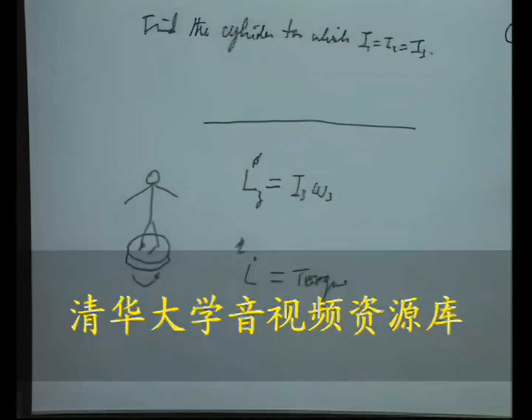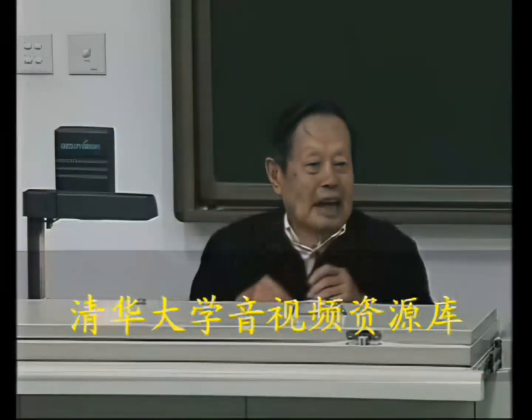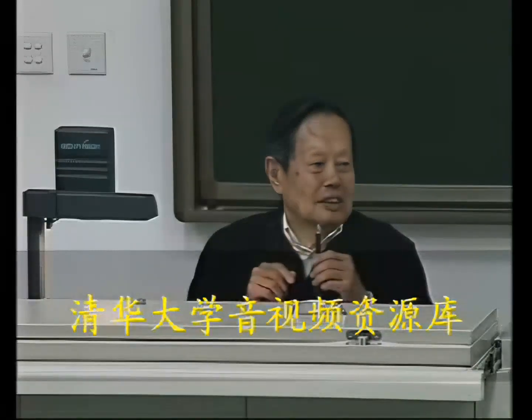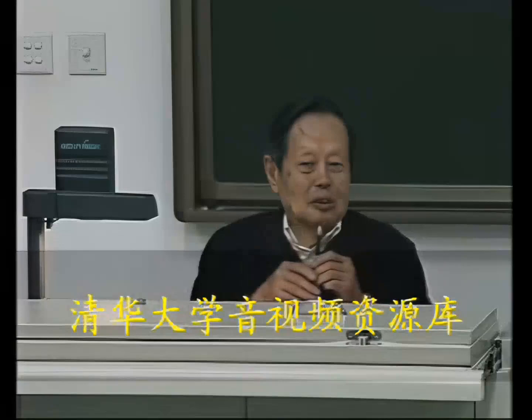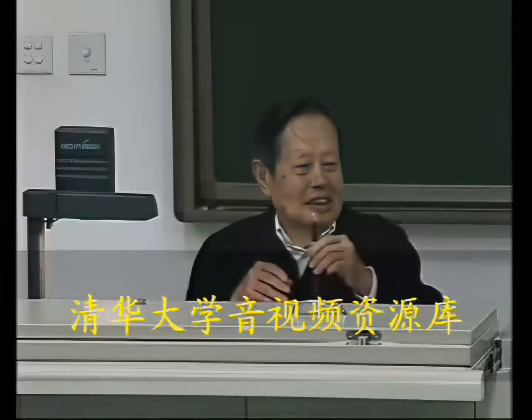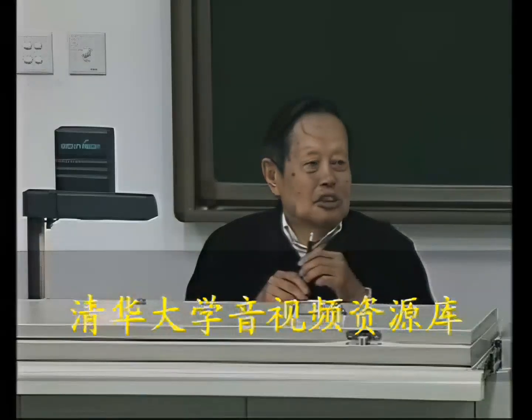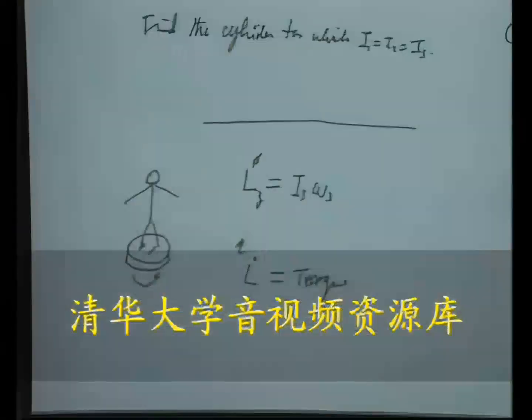She suffers no torque in the z direction, because what she suffers are only vertical forces, and vertical forces cannot cause a torque in the z direction, because two vectors parallel to each other give you a cross product which is zero. So she has no torque in the z direction, so therefore Lz dot is equal to zero.